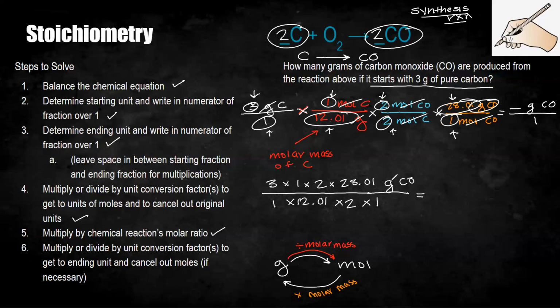At this point, I'm just plugging this into the calculator. If it's helpful to you, put some parentheses around the numbers in the numerator and the numbers in the denominator to keep your order of operations straight. But go ahead and take a moment to yourself. You can pause the video to calculate this on your own. Plug it in your calculator and make sure your answer matches up with mine.